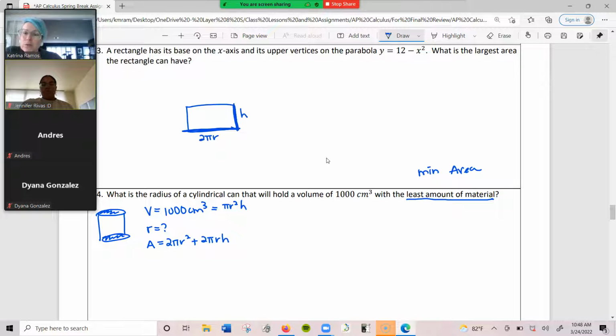What I'm going to do is use this equation to solve for h. Because if I solve for h, then what I end up with is an equation that has r. You get what I mean? So I'm going to divide by pi r squared on both sides. So I get here that my height is equal to 1000 over pi r squared. Also, it makes sense to solve for h rather than r, because if you solve for r, you're going to have to square root, and it's going to be really annoying.